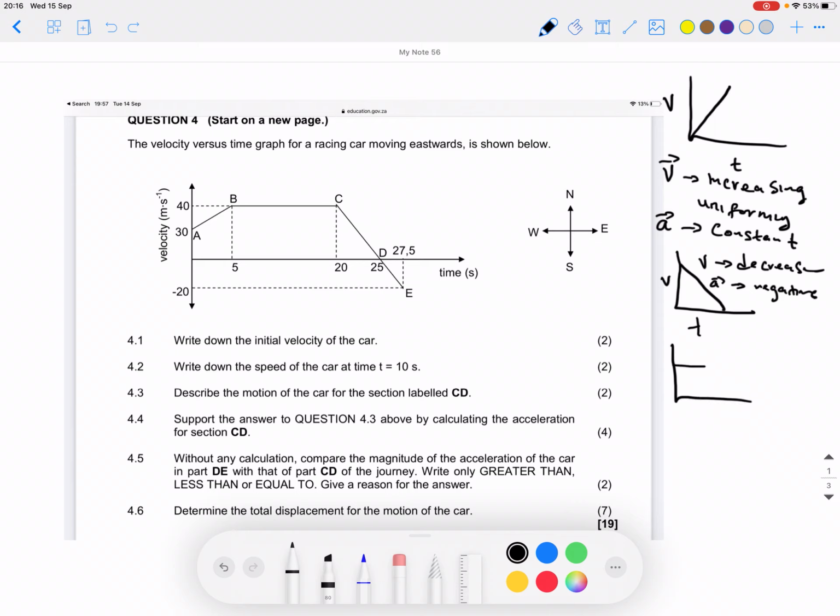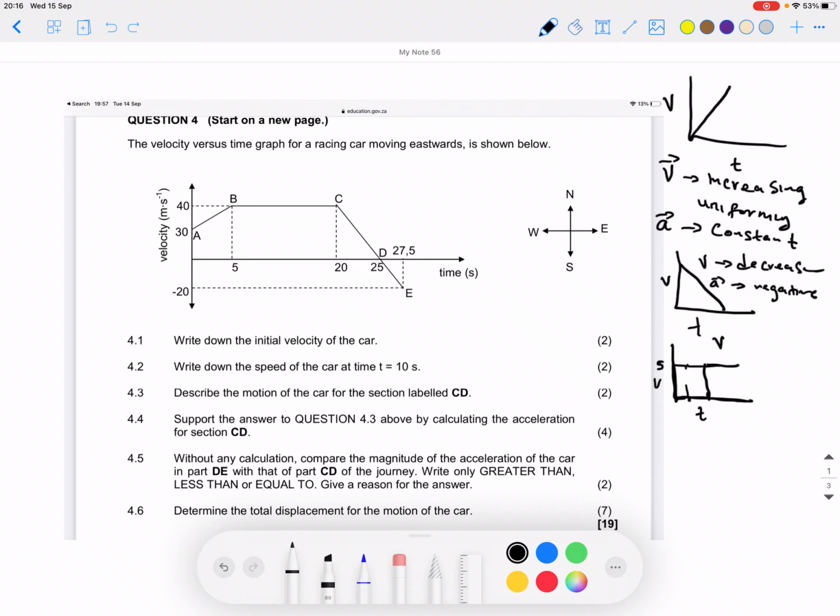Lastly, if you have a graph which looks like this, velocity and time, in this case if you check any time interval here, at this time the velocity is there, at this time the same. So if this is 5 meters per second, it means at 0 seconds the velocity is 5 meters per second.